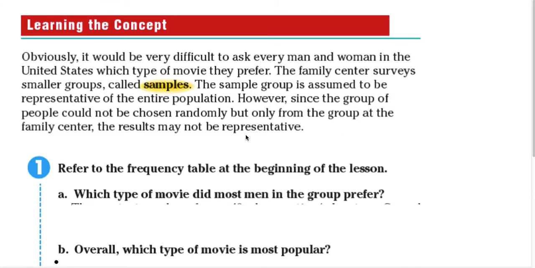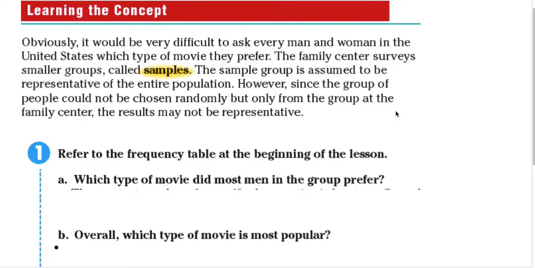The reason it may not be random is that probably the entire group came from one place where they were bussed into Orlando, Florida, and then they had a particular preference. So that's the only problem with that area. But otherwise, when you talk about a sample, it should represent the entire population. It should not only lean towards one particular idea or one particular liking.